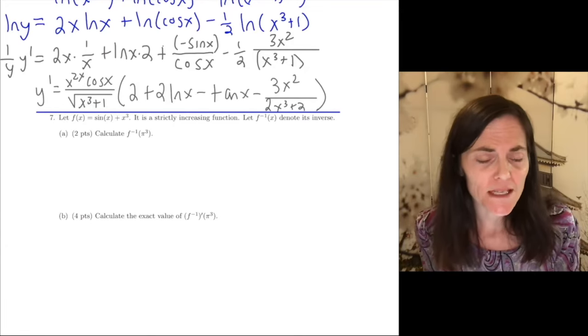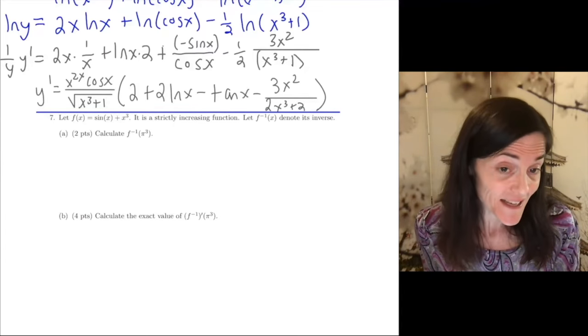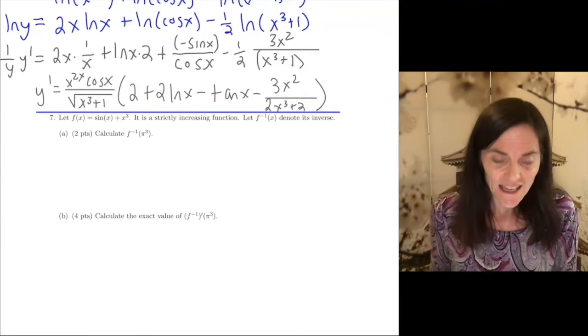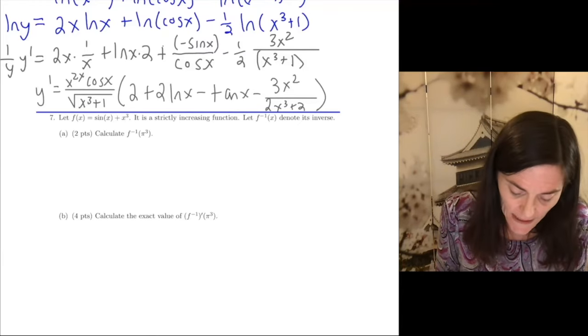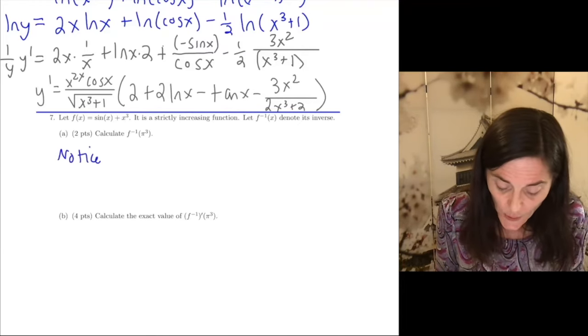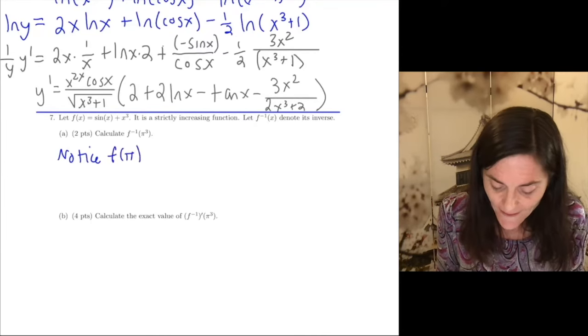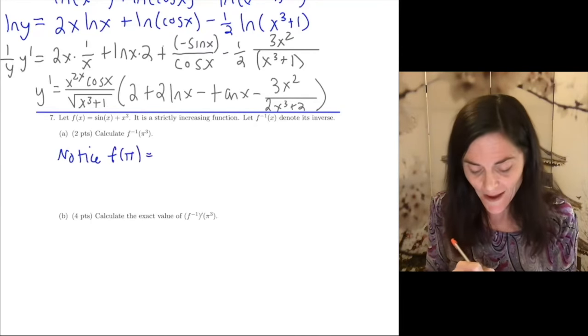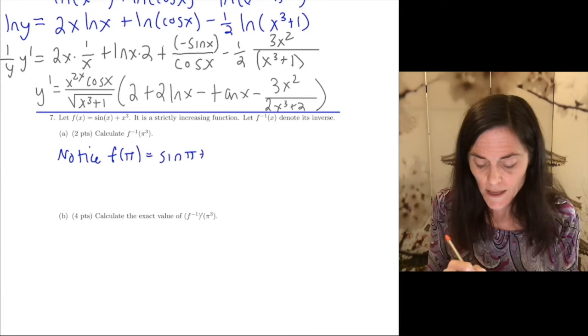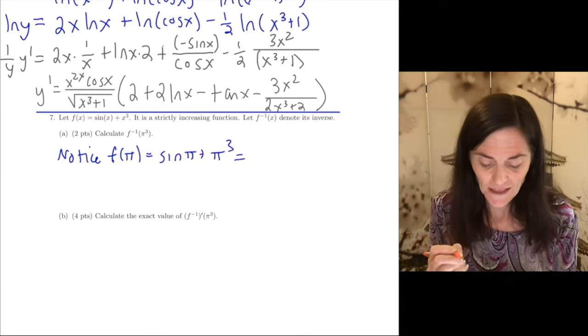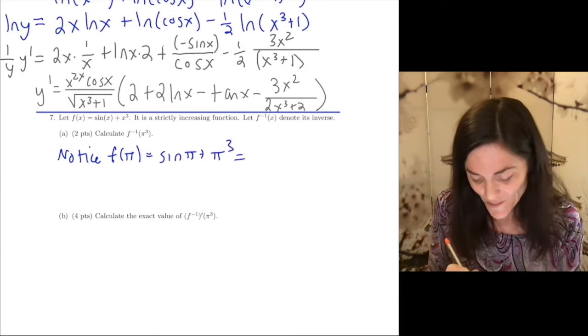So you notice we have this trig function, sine of x plus x cubed. And if we just evaluate, so I will make this comment, notice f of pi is sine of pi plus pi cubed. And sine of pi is 0.